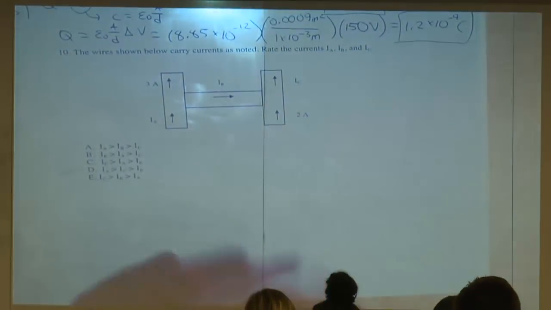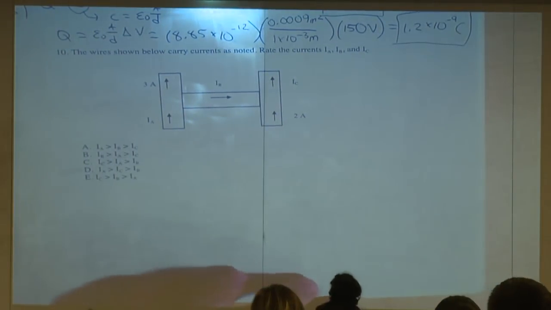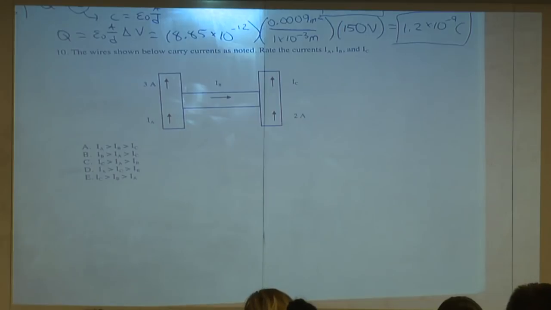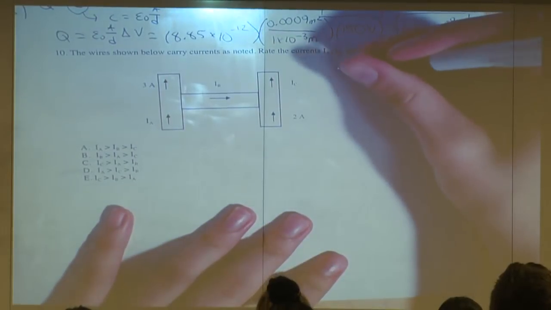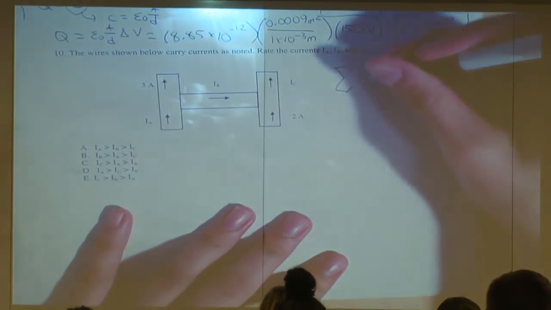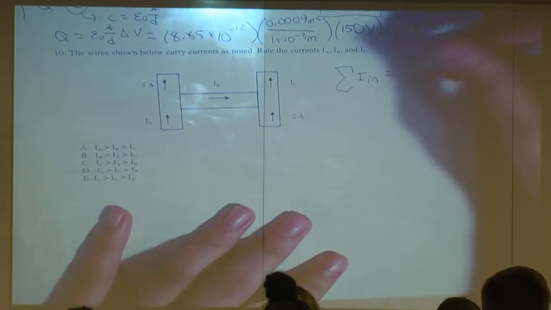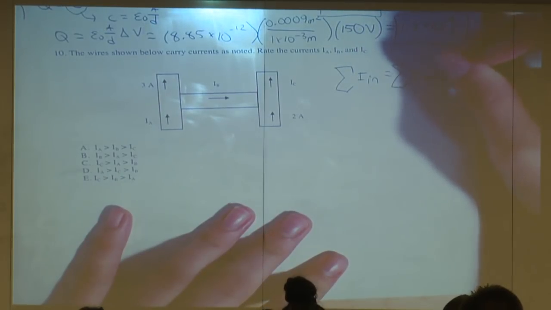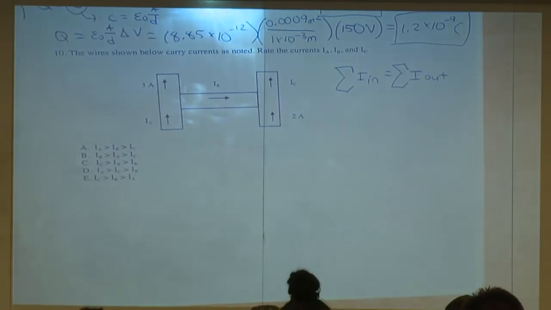Okay, so this one says the wires shown below carry currents as noted, rate currents IA, IB, and IC. If you remember questions like this, the current in and the current out thing, you probably remember that the sum of the current in equals the sum of the current out. So we're going to look at what's going in versus what is going out.